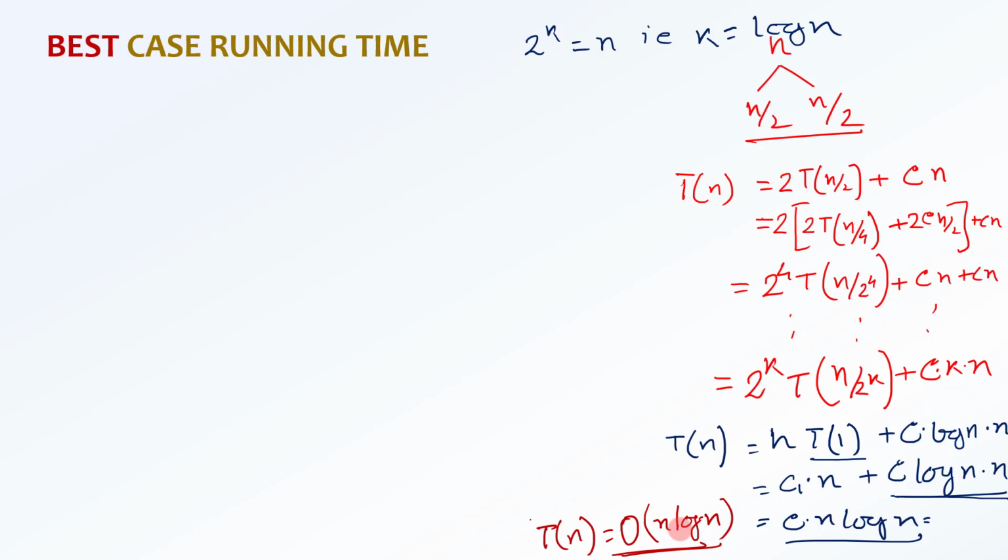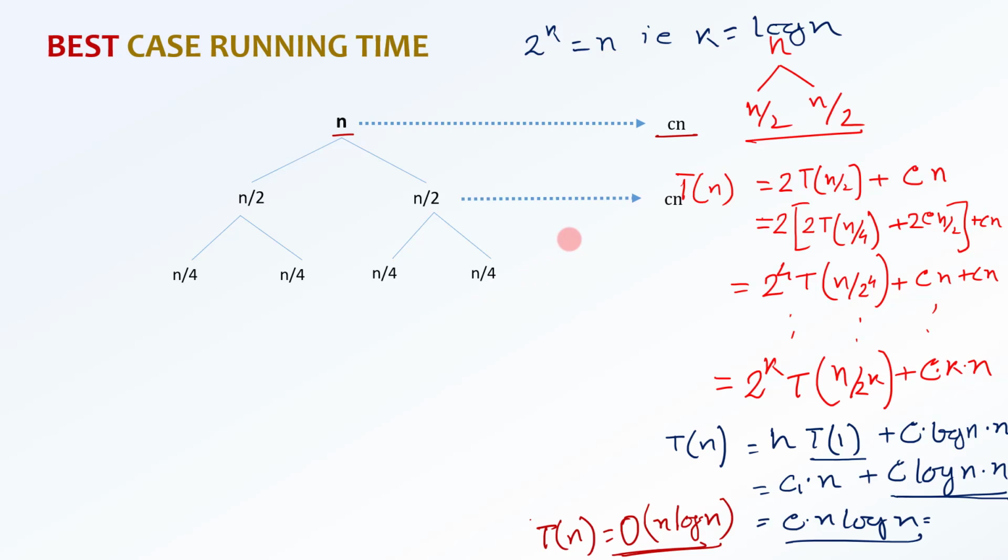So the best case running time of the quicksort algorithm is order of n log n. And now we can check the recursion tree, where initially we have n elements, and from n elements the partitioning algorithm divides the n elements into two n by 2 partitions. For that we need cn number of comparisons. Again from that it is a balanced partitioning.